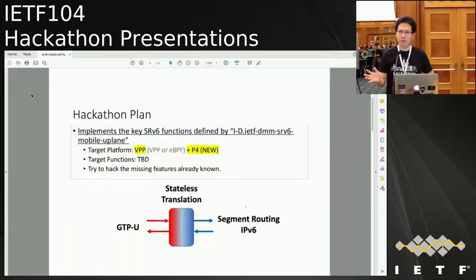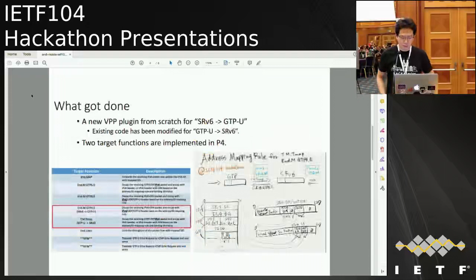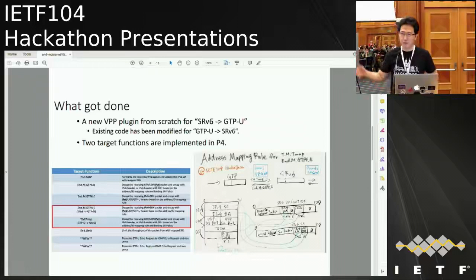We already understand the current draft does not mention this clearly. So through the hackathon, we are trying to figure out what is missing and what we will need to do in the future. We have a list of functions that should be targeted, but we focus on these two, SRv6 to GTP and GTP to SRv6.